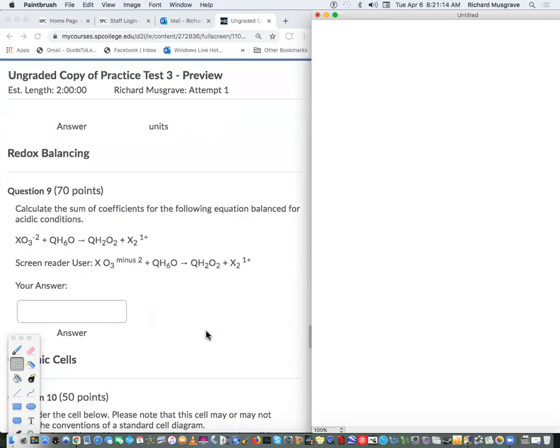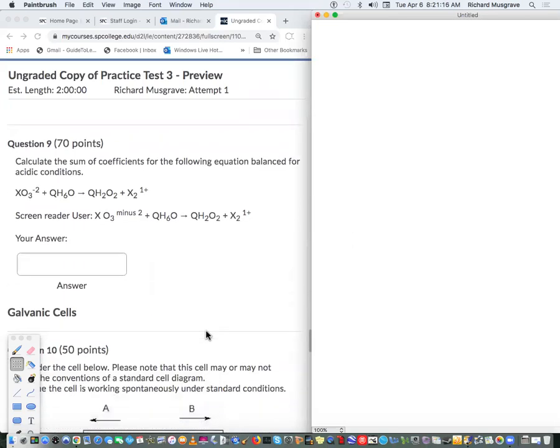All right, let's look at the redox balancing here. So what we have to do is balance this equation. The first thing you want to do is split it up into half reactions, which is going to be XO3 2 minus gives X2 1 plus, and then you've got QH60.